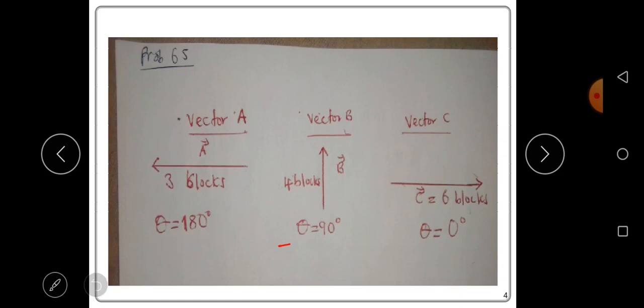Vector B is at an angle of 90 degrees. Vector C is at an angle of 0 degrees. We measure these angles with the positive x-axis as the reference. In physics, whenever you're dealing with vectors, you're always advised to use the positive x-axis as your reference point.